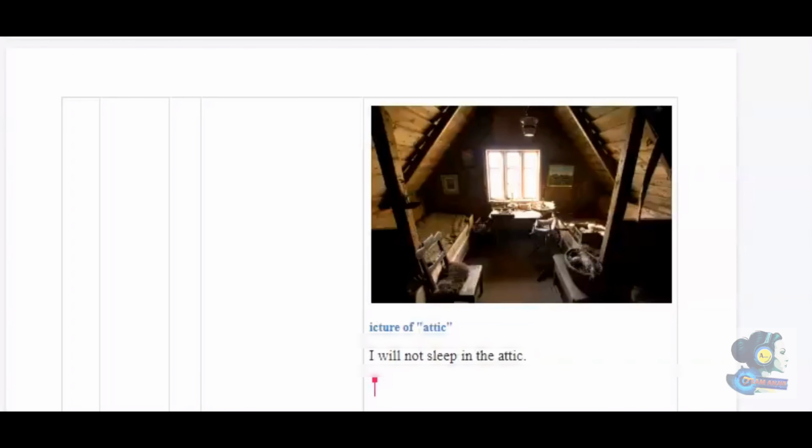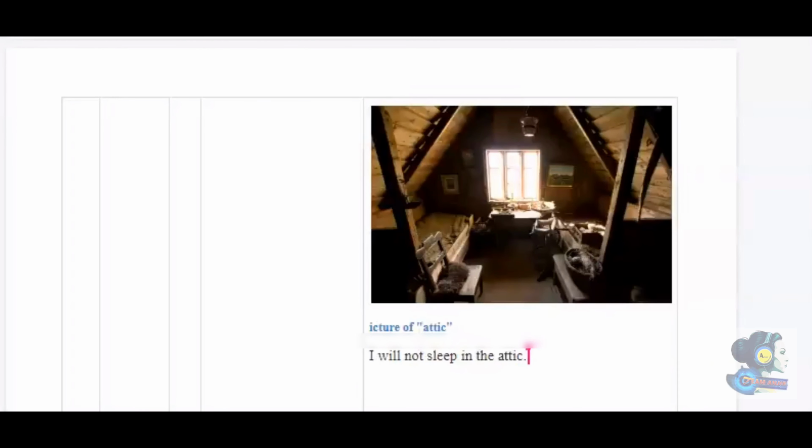Very good. Okay, I didn't think of sleeping there because for me, an attic sometimes looks scary. Okay, so now do you need more examples or would that be fine? Okay, thank you.